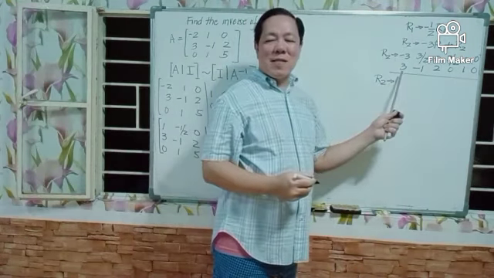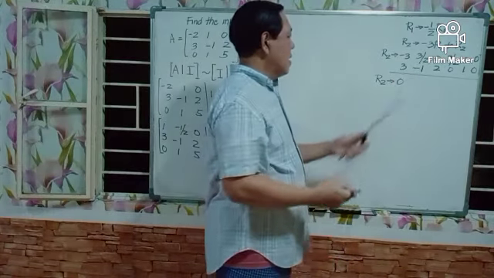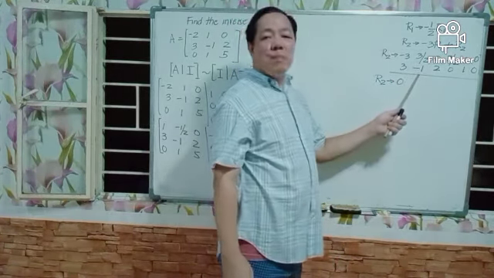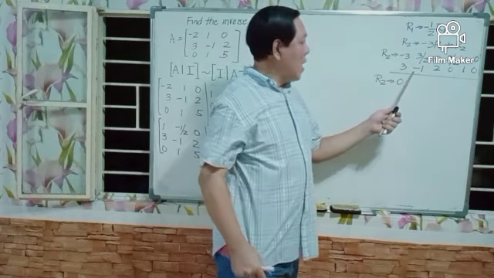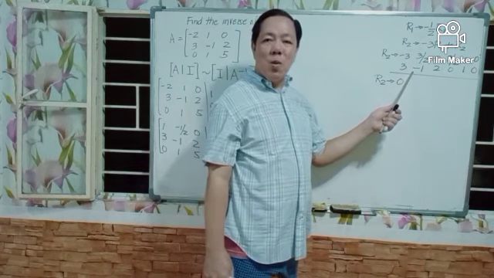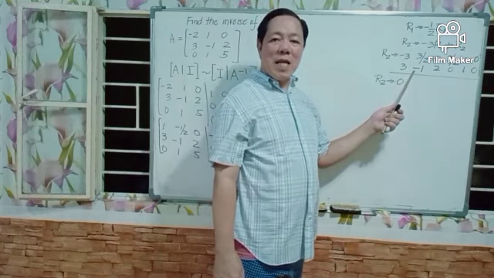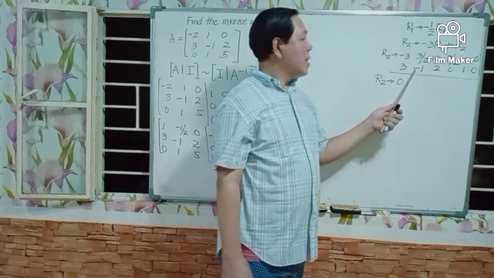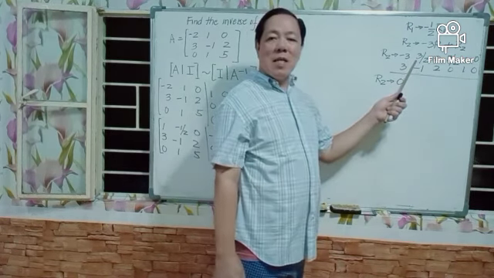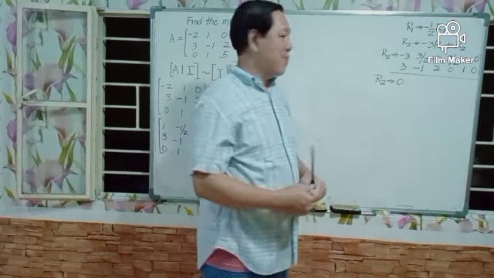Negative 3 plus 3 is 0. 3 over 2 minus 1. For us to have a common denominator of 2, we multiply negative 1 by 2 over 2. Negative 1 multiplied by 2 over 2 is negative 2 over 2. Negative 2 plus 3 is 1. Common denominator is 2. 1 half.